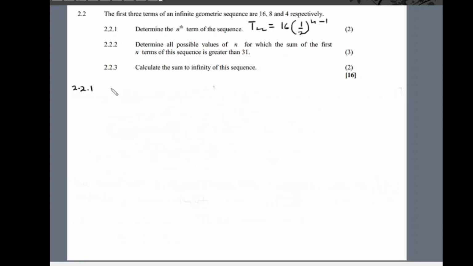So they want the values of n such that the sum of the first n terms is greater than 31, right?